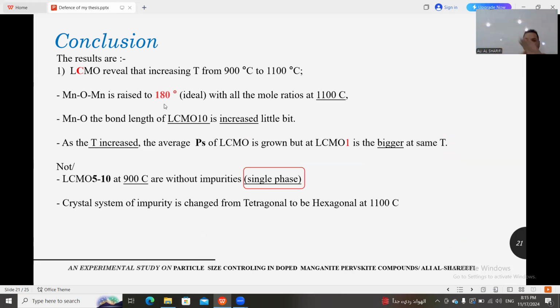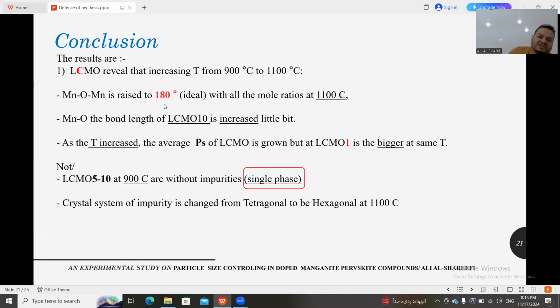It's perfect, it's the best, with all of the molar ratios. Because of that, I think calcium is better than strontium as a doping element. Bond length at 10 is increased a little bit. That means at 5 it was better.